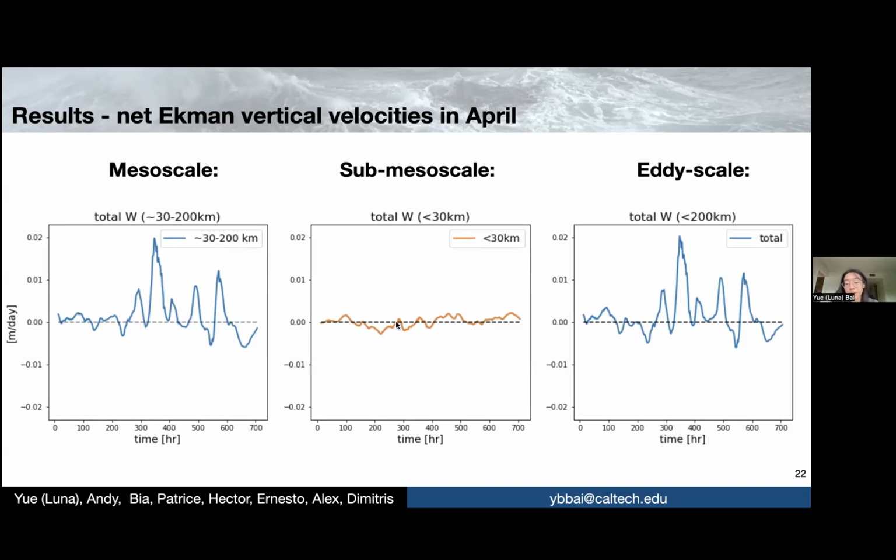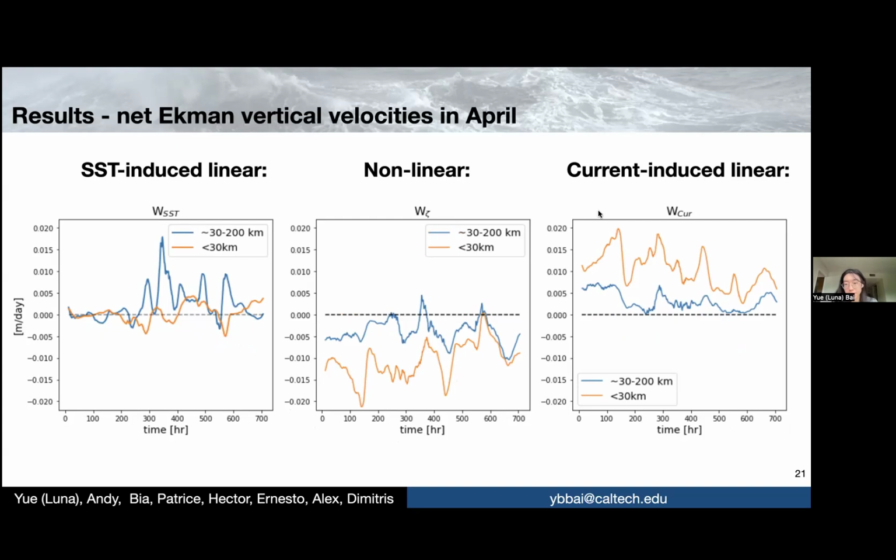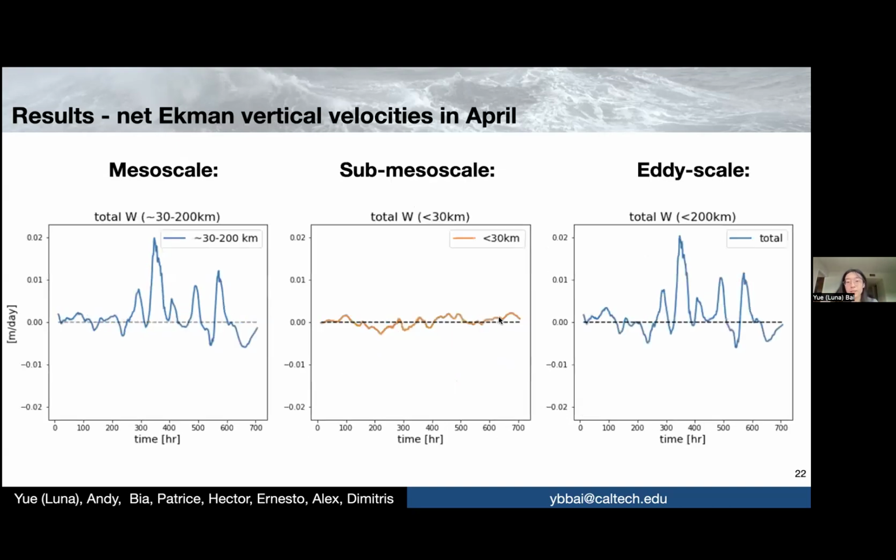But for some reason, for the sub-mesoscale nonlinear Ekman vertical velocity and the current-induced linear vertical velocity, the domain averages are actually canceling each other out. And so, in fact, sub-mesoscale motions are not making a huge contribution in terms of a net domain mean.